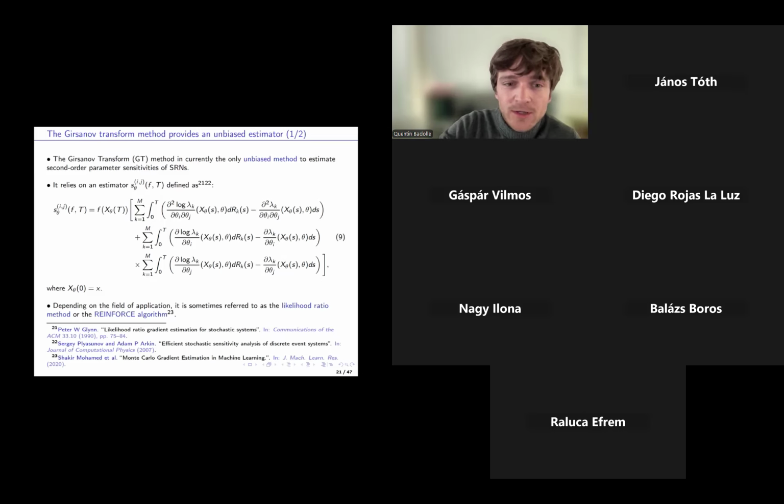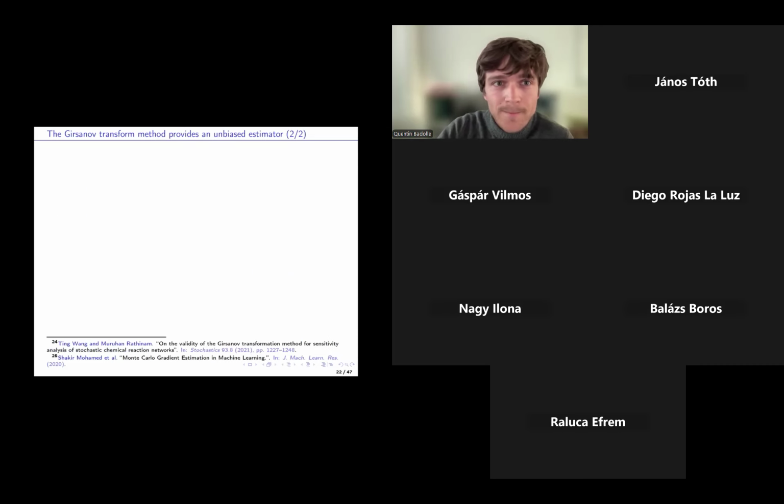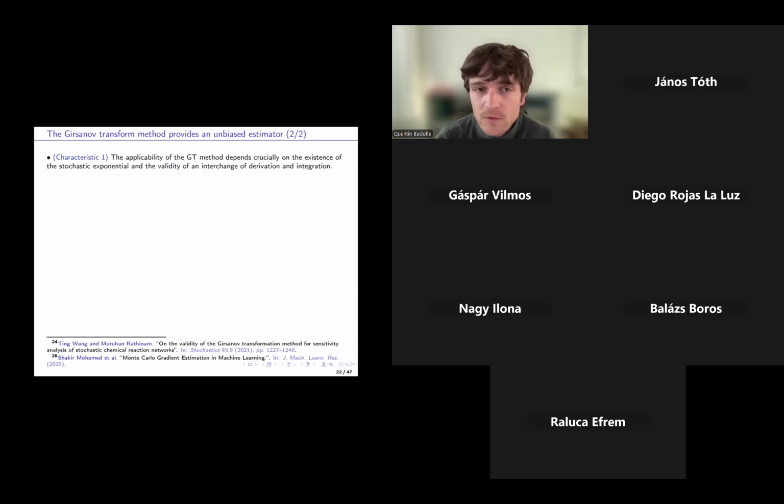As I mentioned, the Girsanov transform is also known as the likelihood ratio method in numerical analysis in general, and as the REINFORCE algorithm, mostly in the reinforcement learning field. So I'm just going to list a few characteristics.